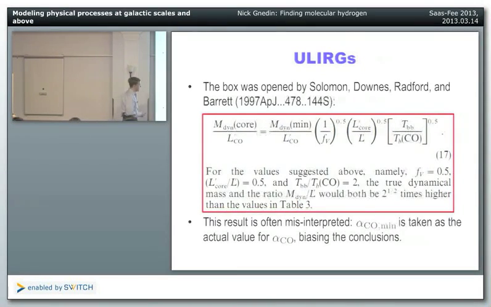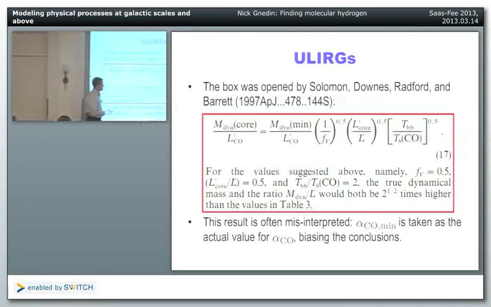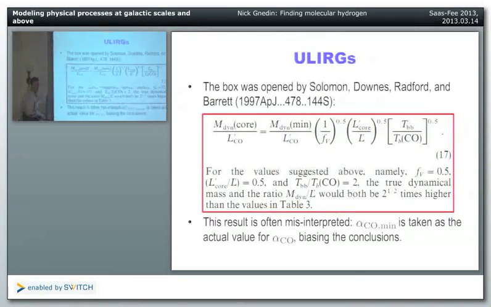And what they tried to do is detect CO and measure the amount of molecular gas by studying the dynamics of this galaxy. So you can actually compute both the mass through dynamics and then the actual emission by measuring how much emission you get. Unfortunately, at this time they could not do it properly because they could not resolve the galaxy, so it's dependent on kind of factors they had to put.